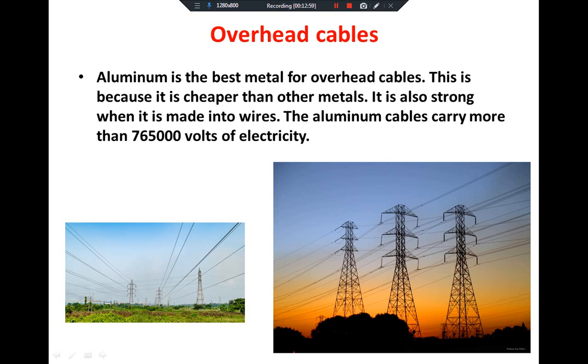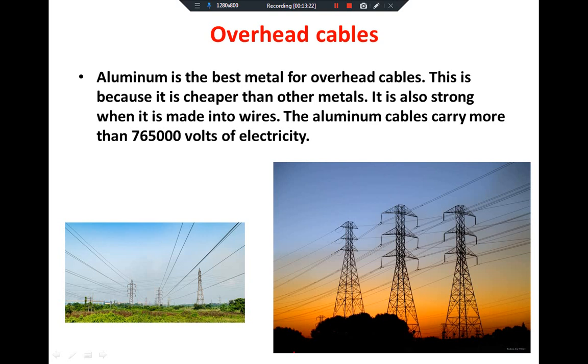Therefore, the property of aluminium is the best one to be used in order to transfer electricity to our houses. Therefore, aluminium is used in the overhead cables, which send electricity from the power source to the cities, to the houses, to the schools, to everywhere actually. Although it's more expensive than copper, still it is used.